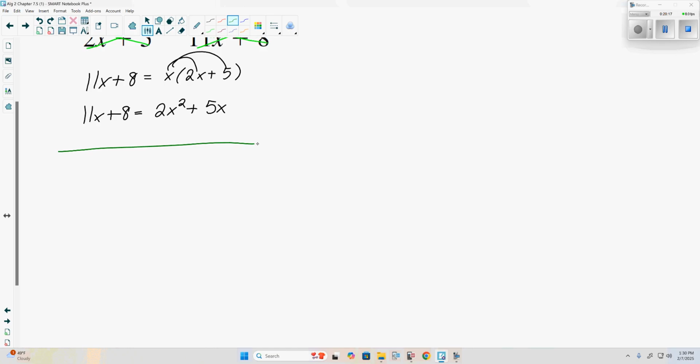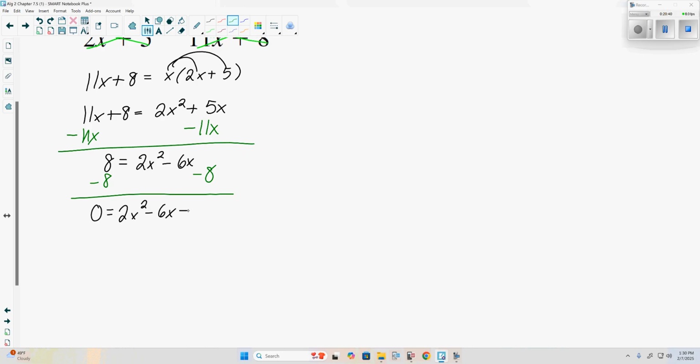So we can subtract the 11x. 8 is equal to 2x squared minus 6x. Next thing we can do is subtract the 8, telling us 0 is equal to 2x squared minus 6x minus 8.